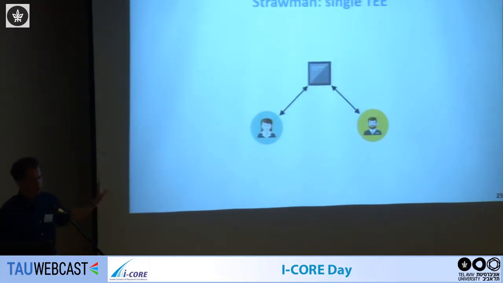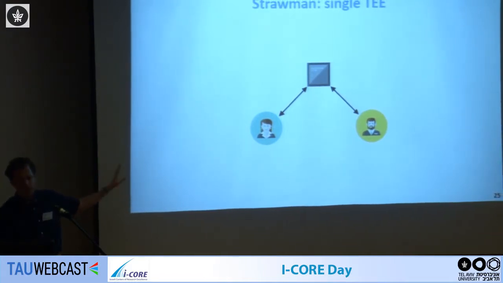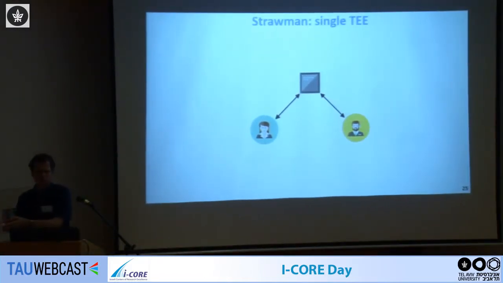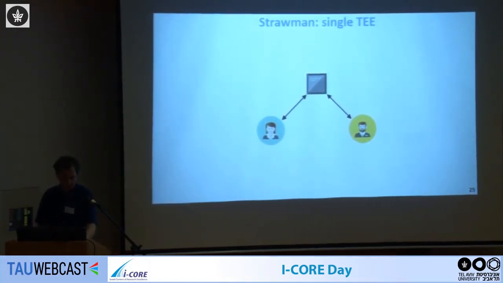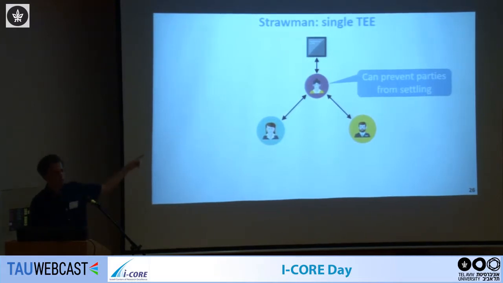Another question that usually comes up is, isn't this just handing the problem to a trusted entity? So we have a trusted entity and we let it do everything, we're done. Why do we even need a blockchain? The thing is that it doesn't really work like that. The trusted execution environment doesn't have access to the outside world. It doesn't even have access to its memory, right? It's all controlled by the operator.